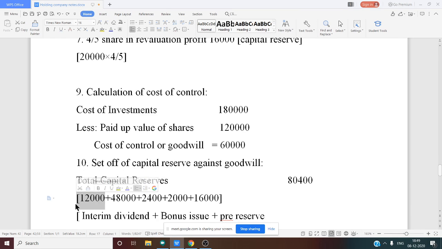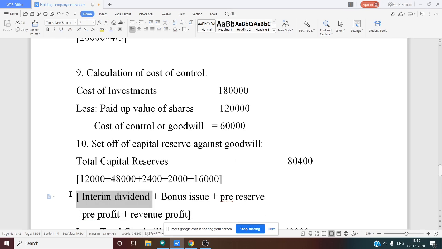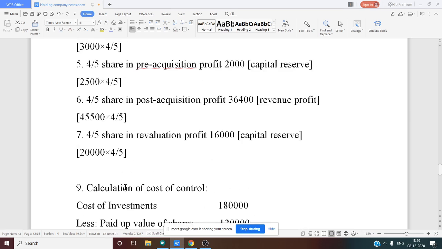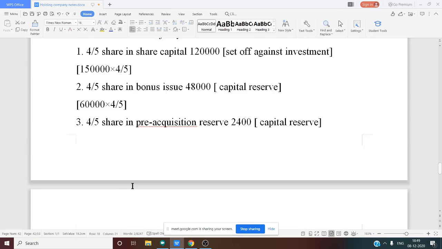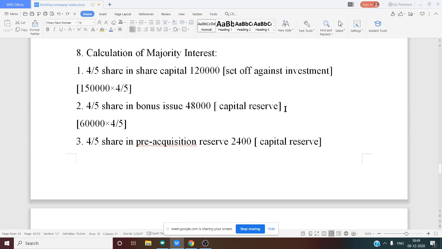First thing is 12,000. From where did this 12,000 come? Interim dividend. See this. Interim dividend working note number 1, 12,000 capital profit. So that capital profit is equal to capital reserve. So 12,000 you have to add here. 12,000 plus 48,000. Where did this 48,000 come? 48,000 is a bonus issue, under majority interest working note. Very very important.